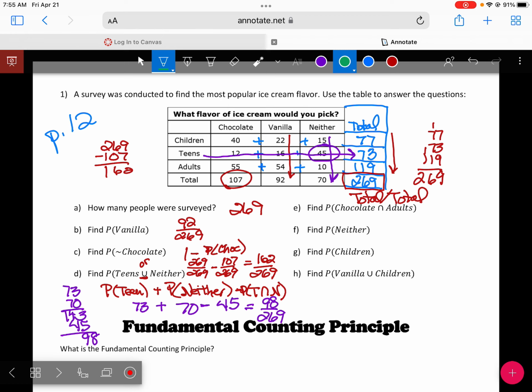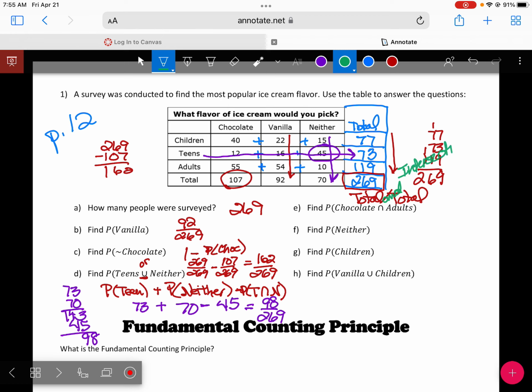Find the probability that we selected someone who likes chocolate or that they are adults. Would that be an adult? Oh, it is different. Sorry. Yes, you're right. You get smarty for that one. Here I was all excited thinking, okay, here's a good one they can do. That is and. That is and. So we want the intersection of that one.